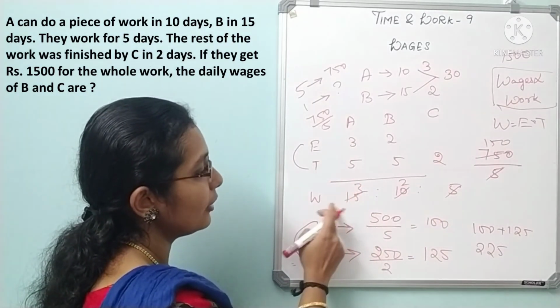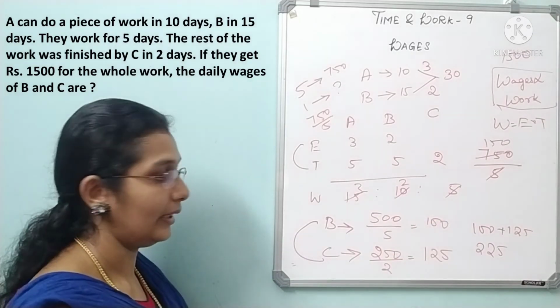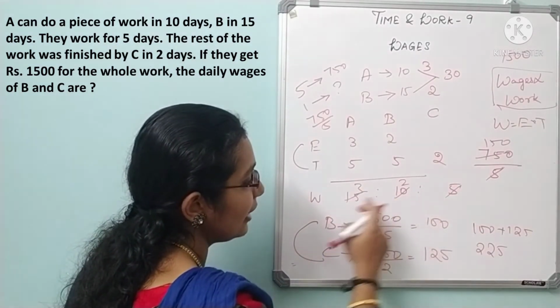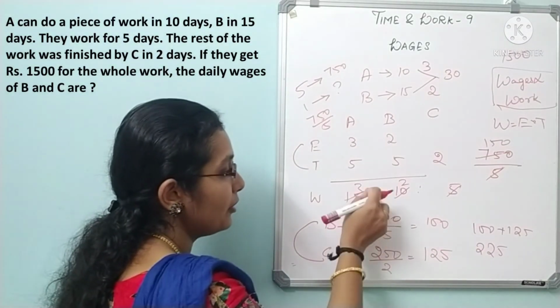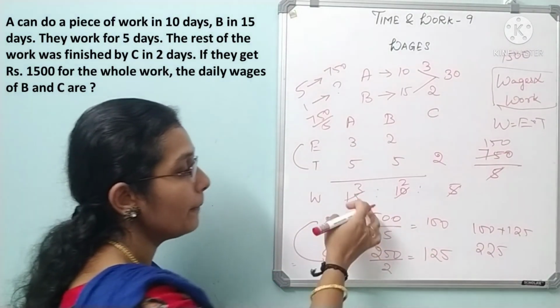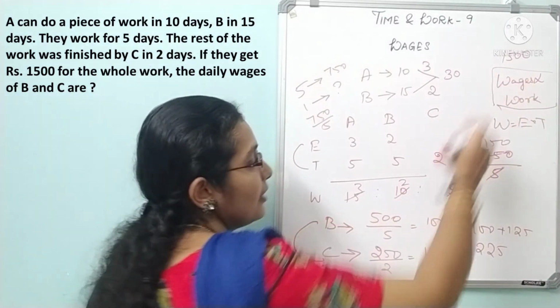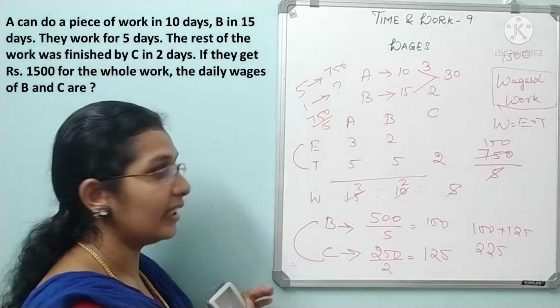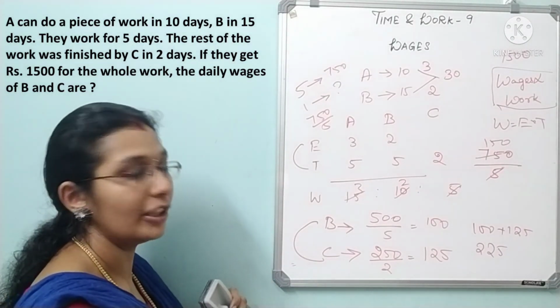Using this you can find the total work units done by A, B and C individually, and cancel it out to get the ratio 3:2:1. So in that 1500, 3 portions should be given to A, 2 portions to B and 1 portion to C.